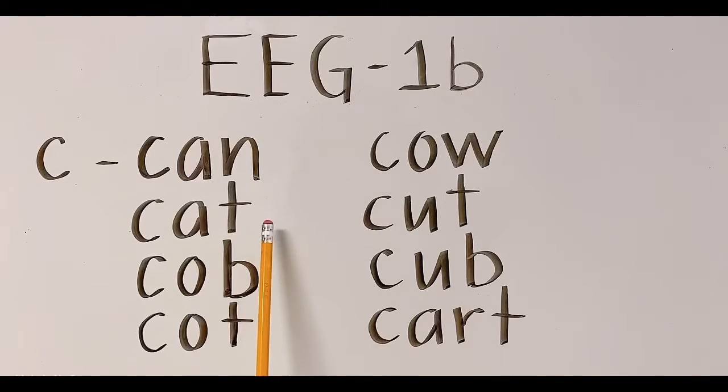Okay, now look at these words, cat, cut, cub. Okay, they almost sound the same, but the difference is the vowel sound. Okay, let's repeat. Cat. Okay, this one is cut.